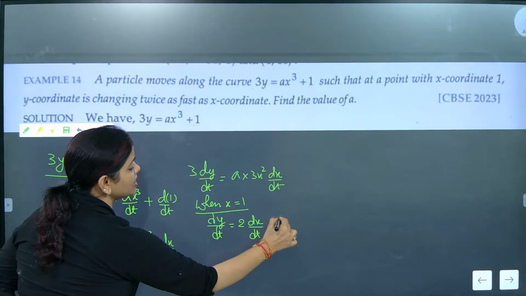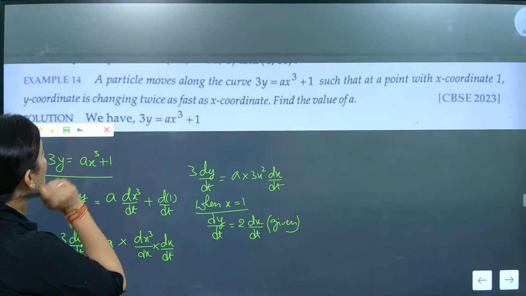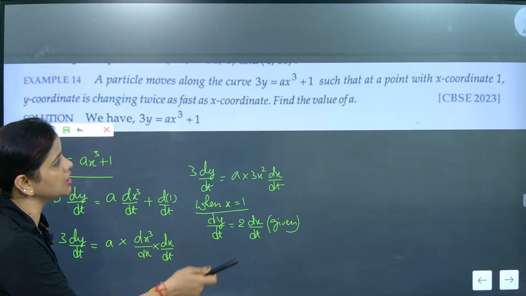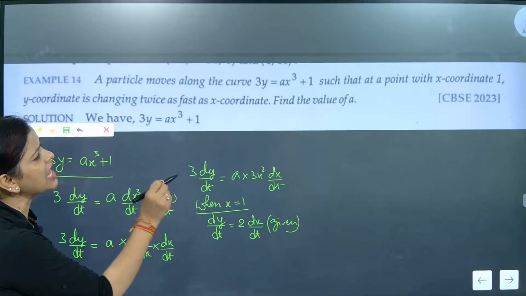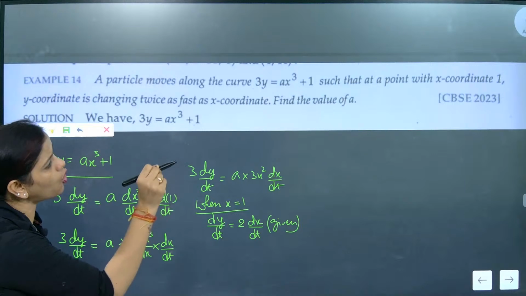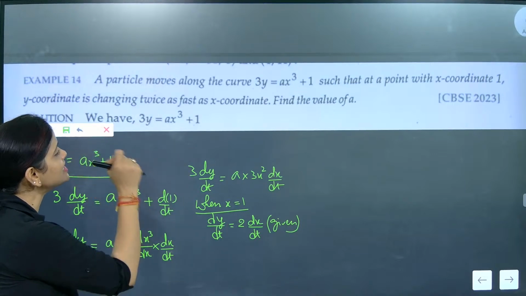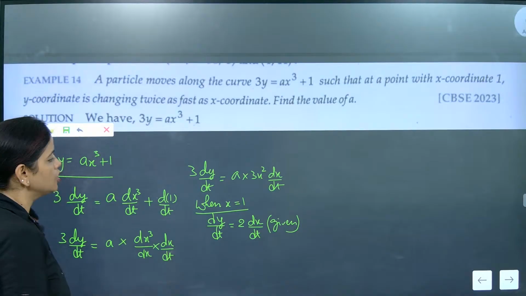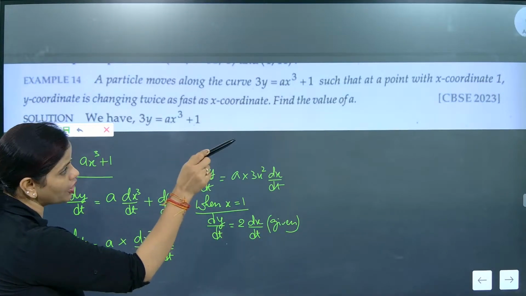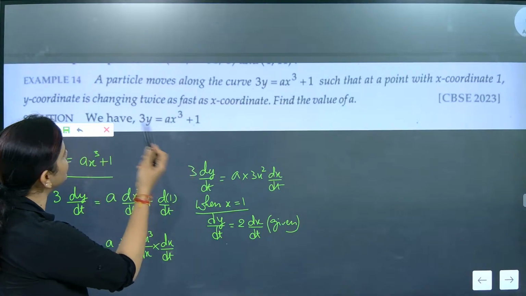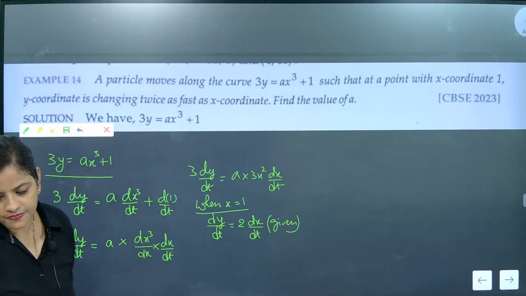This is actually given to you in the statement itself. A particle moves along the curve whose equation is given, and at the point with x coordinate 1, the y coordinate is changing twice as fast as the x coordinate.